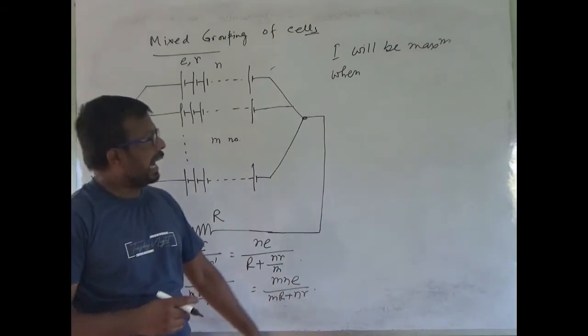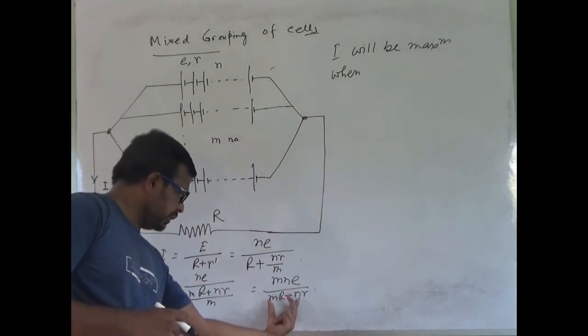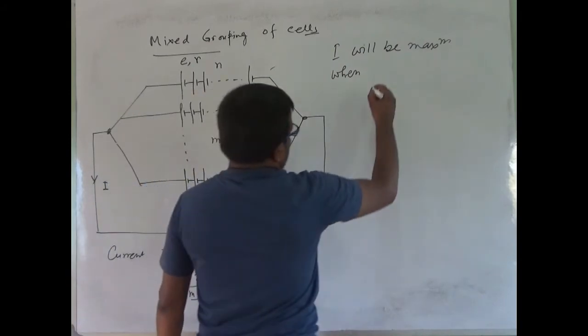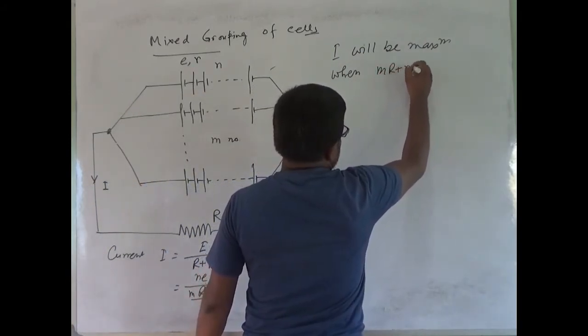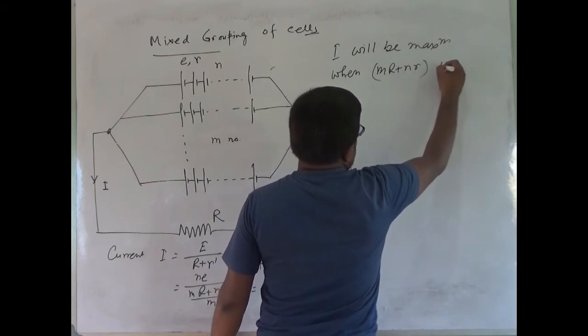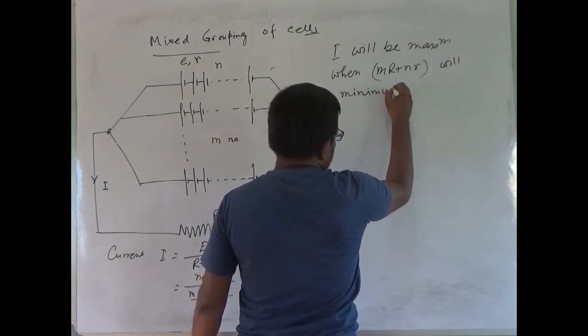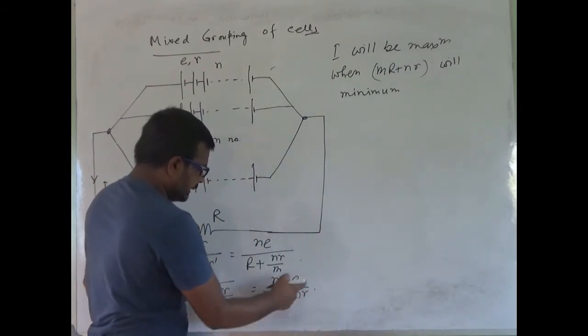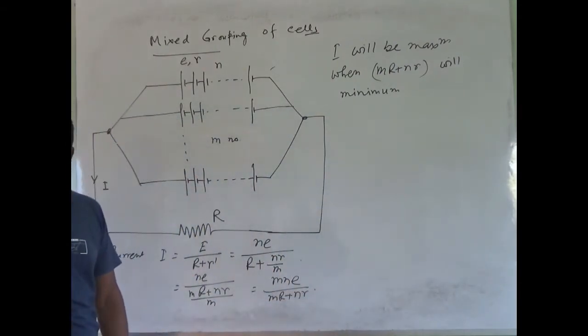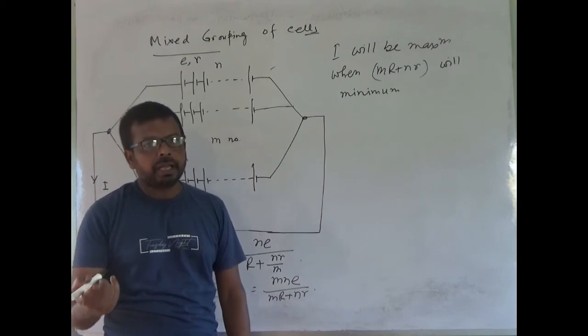That means I will be maximum when this term, that is mR plus nr, will be minimum. If this is minimum, then the current will be maximum, and for that case we get the maximum current from the circuit.